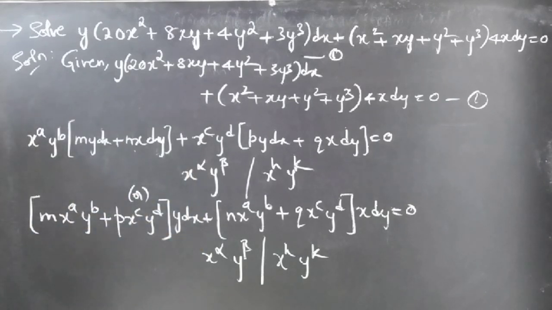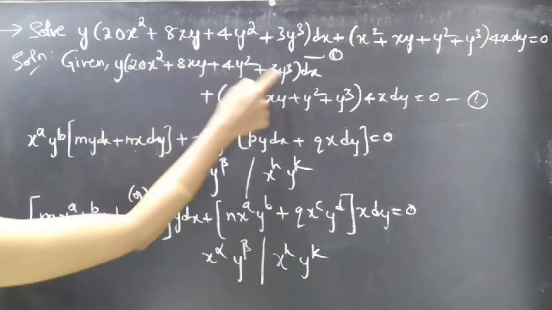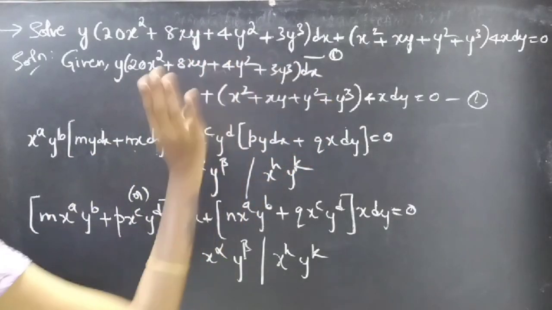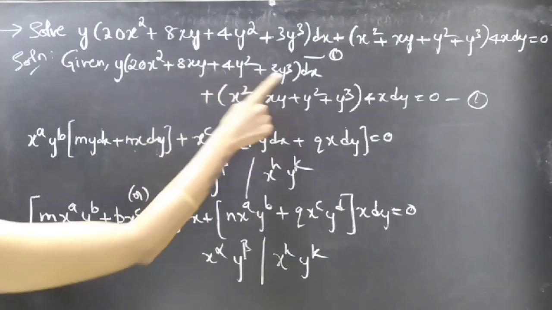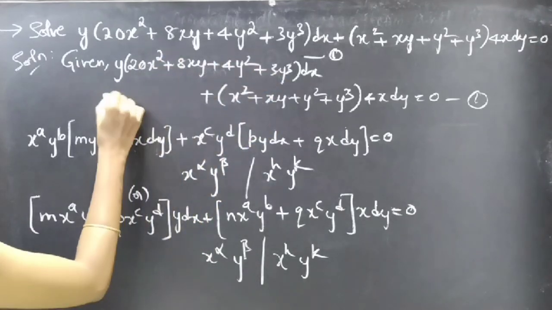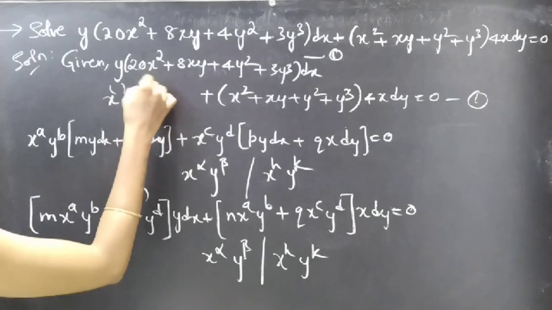But in our case we have an equation with four terms in each bracket. Each term is of x power something into y power something form.